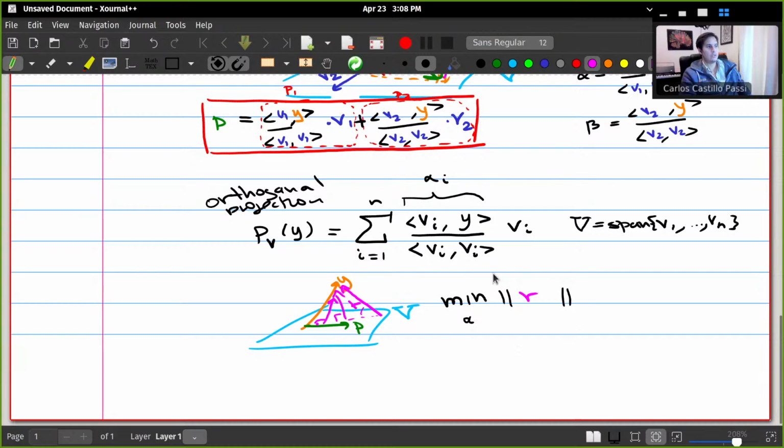This is an equivalent way of thinking about orthogonal projections. And why does it matter? Because this is exactly the formulation of a least squares problem.